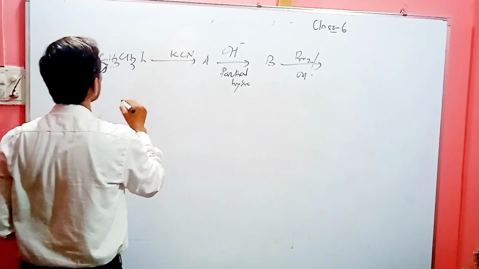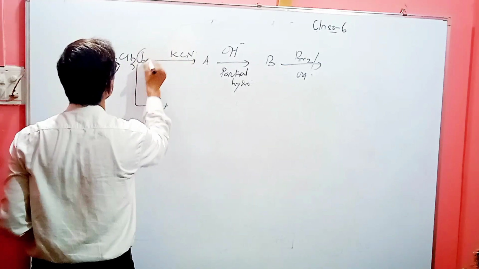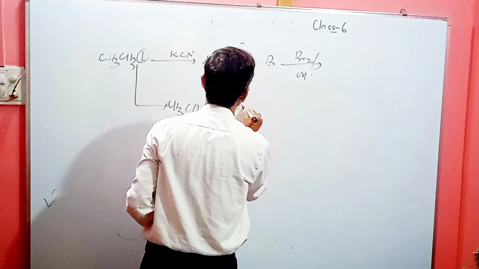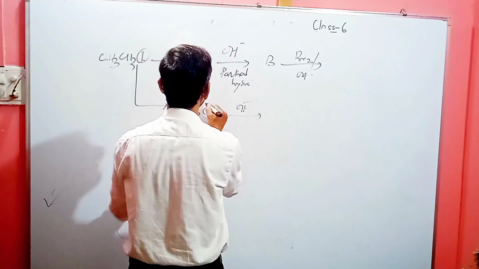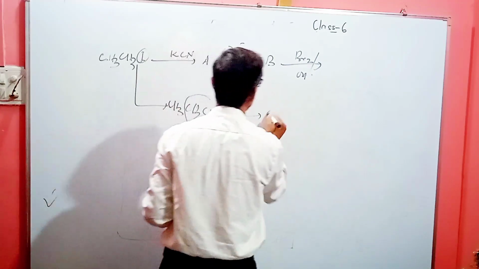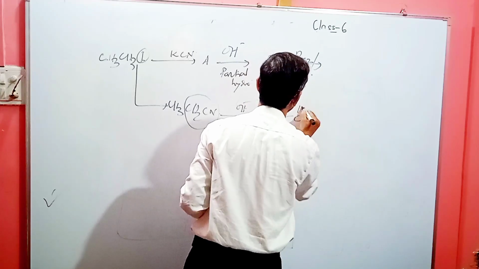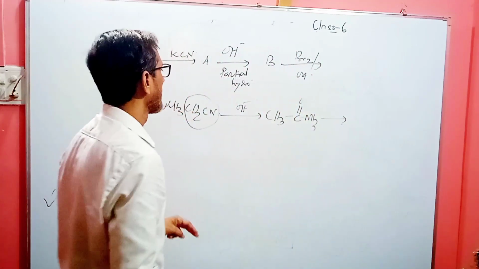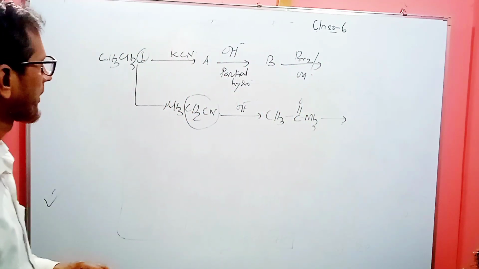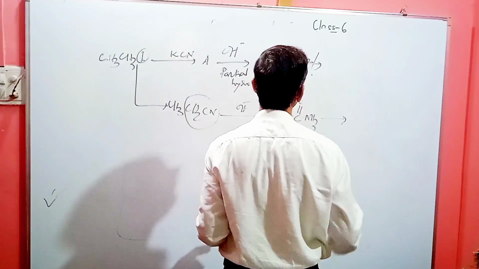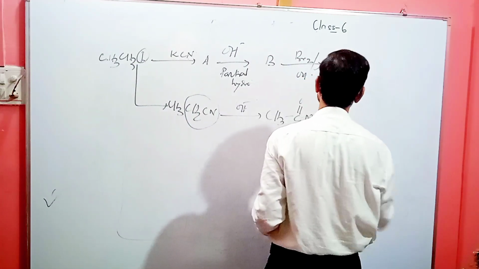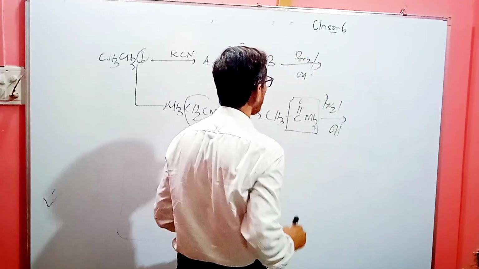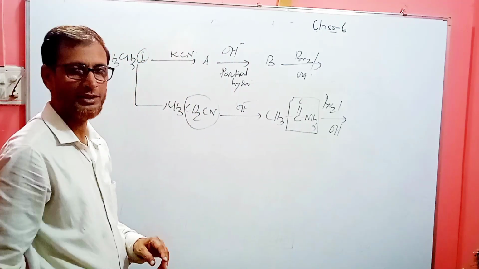So this is a very simple one. When cyanide is there, you just replace it: CH3CH2CN. On partial hydrolysis, that CN group becomes CH3CONH2, that is amide. And when there is bromine and base, it is a degradation reaction, Hofmann bromamide degradation reaction.